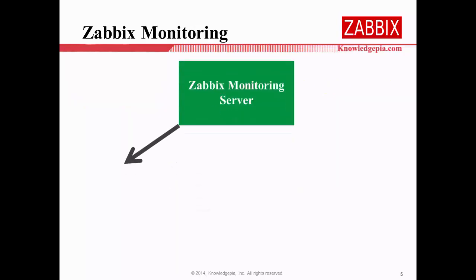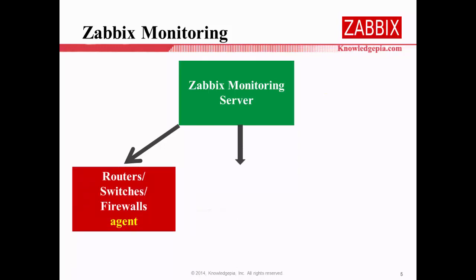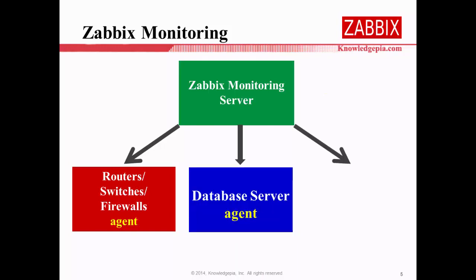So here, there is one Javix monitoring server based on CentOS 7, and this Javix server will monitor network devices like routers, switches, and firewalls. And these devices also need to install the Javix agent. Also, Javix will monitor the database server as a kind of agent.